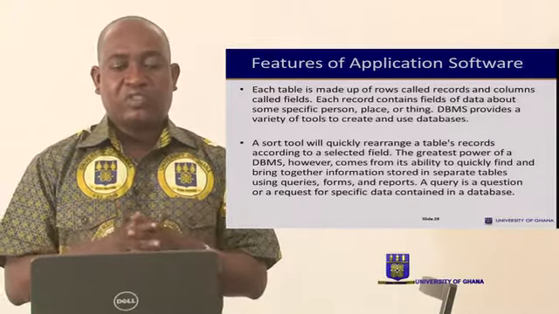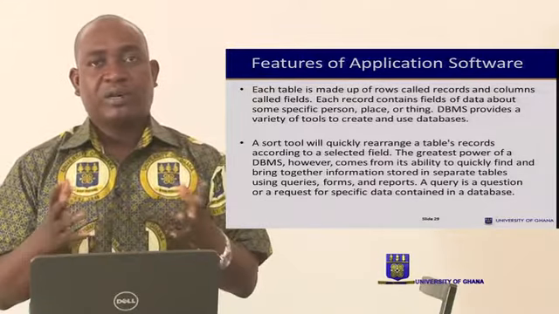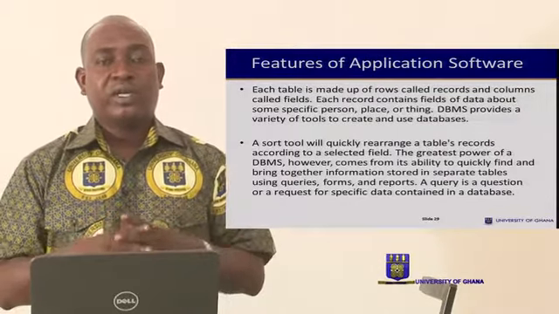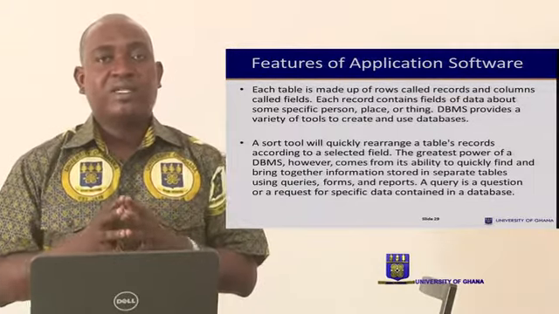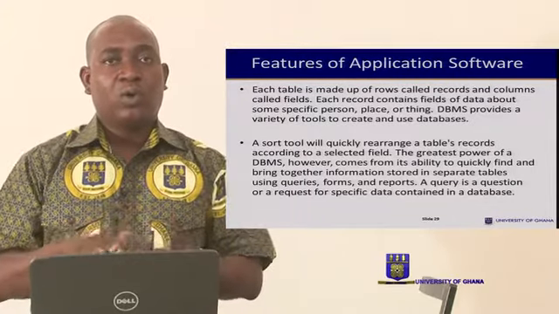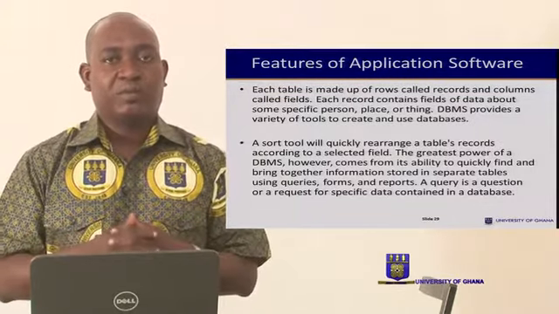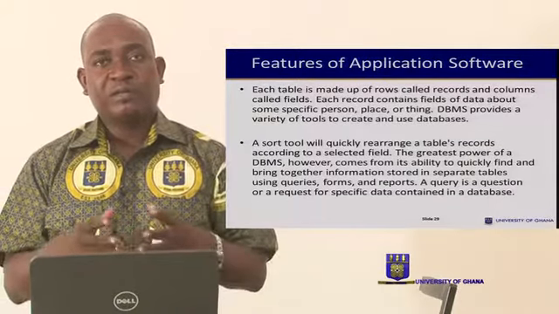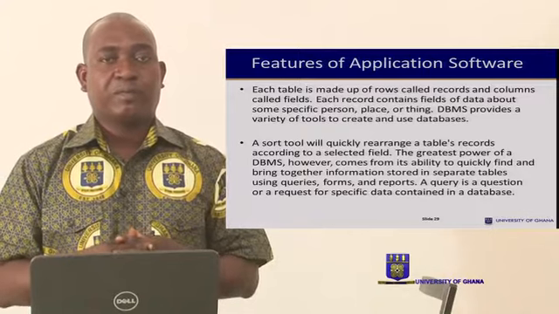With this, we can talk about tables, forms, queries, and reports, and all this can be designed to manage data on a small scale. So these are some of the features of some selected application software.